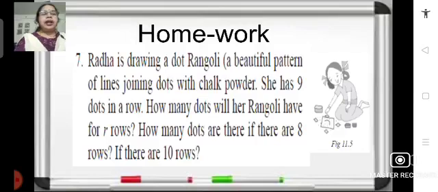She has 9 dots in a row. How many dots will her rangoli have in n rows? What rule can you write for this? How many dots will there be if there are 8 rows and if there are 10 rows? Children, solve this problem in your notebook and we will discuss this in our coming session.